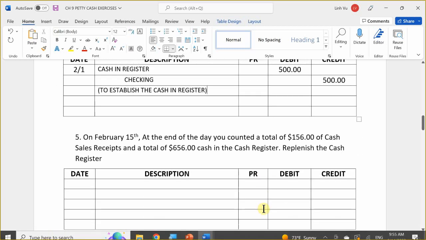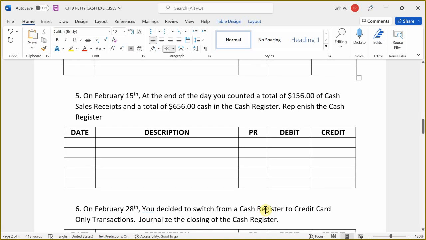Number 5, if on February 15, at the end of the day, you counted a total of $156 of cash sales receipts, and a total of $650 cash in the cash register. Replenish the cash register.